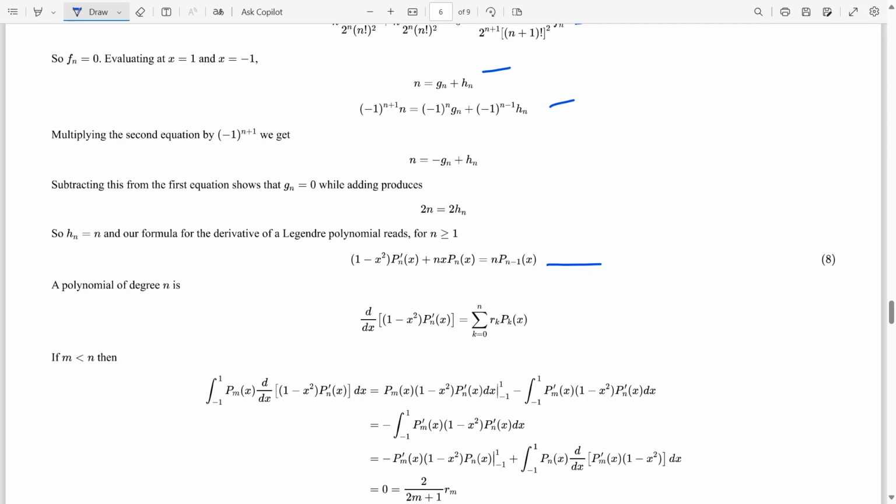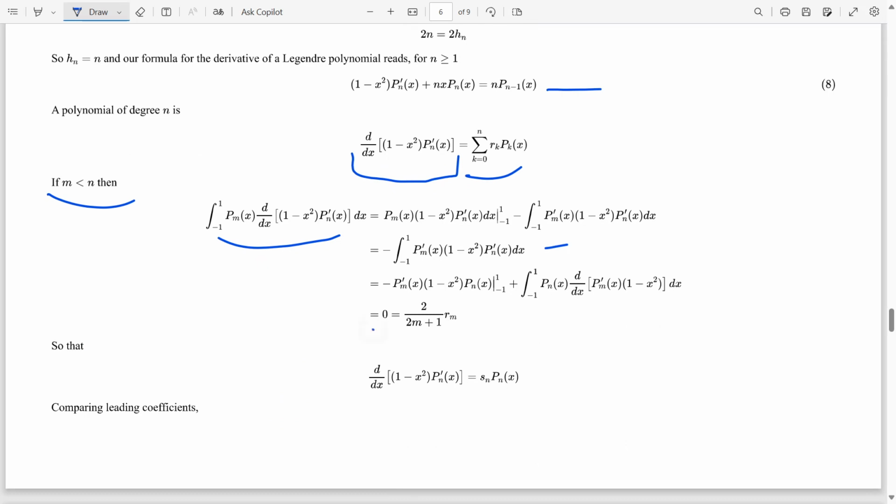So the last relation of this section starts with this polynomial. Now it's of degree exactly n. We're going to expand it in Legendre polynomials, choose m less than just n this time, and integrate on both sides. After integrating by parts on the left once and then twice, we get 0, and on the right, Fourier's trick has just picked out the coefficient of Pm of x in our expansion.